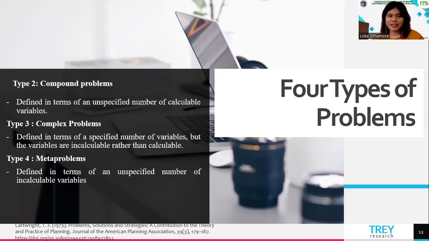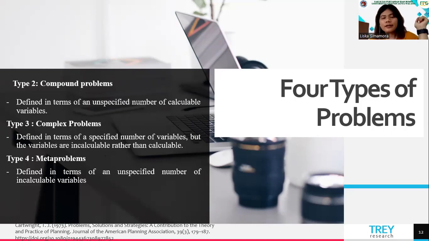Actually, I prefer the specified number of variables because I don't want to guess other variables. But the variables are incalculable rather than calculable. So they have a specified number of variables, but the variables are incalculable.